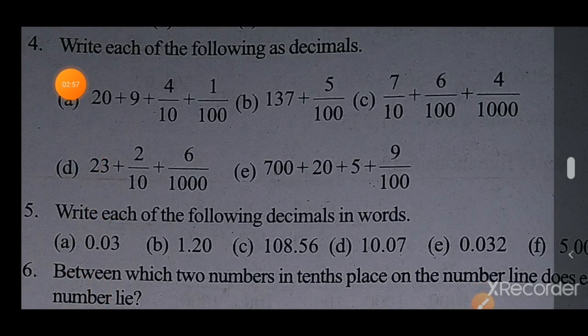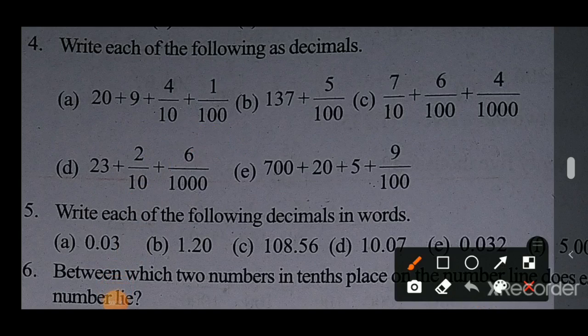Now the question 4, write each of the following as decimals. Part A 20 plus 9 plus 4 by 10 plus 1 by 100. It means it is for the tens, ones, tenths, and hundredths. Now we can write the number for this.